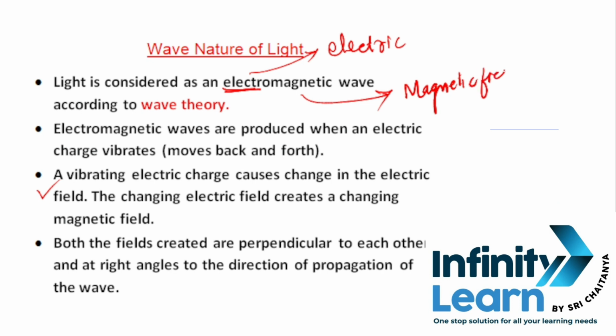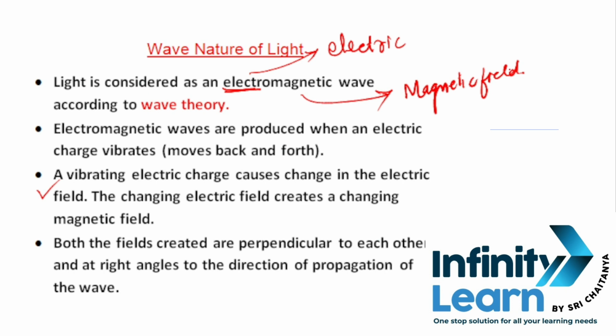So the word electromagnetic in itself describes its meaning: a wave that has both electric as well as magnetic components perpendicular to each other and also to the direction of propagation of the wave.